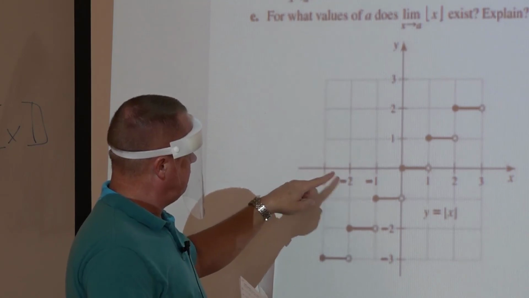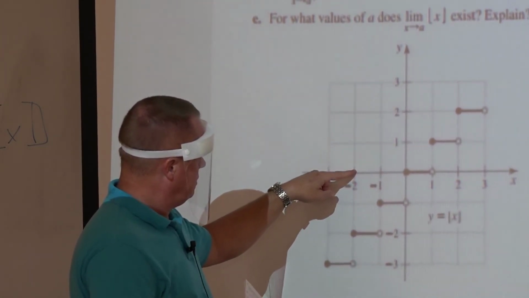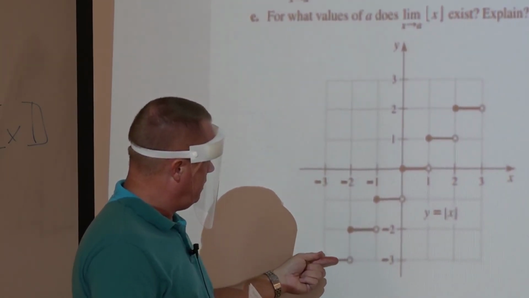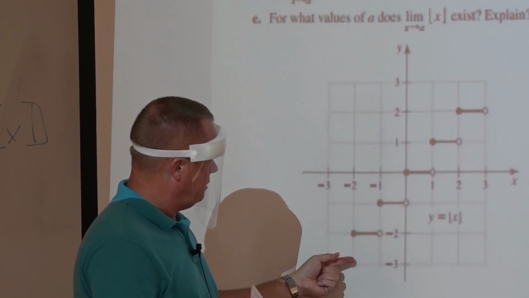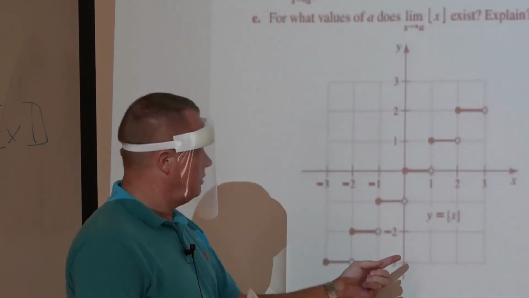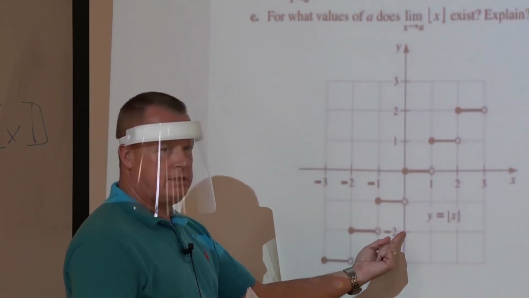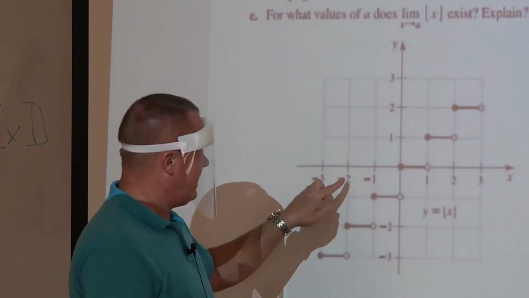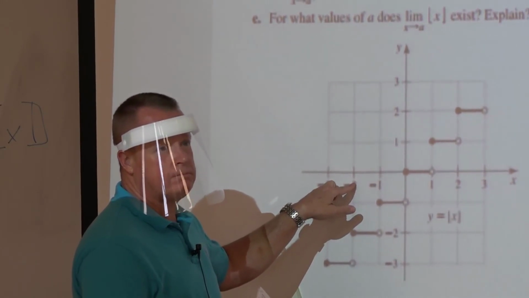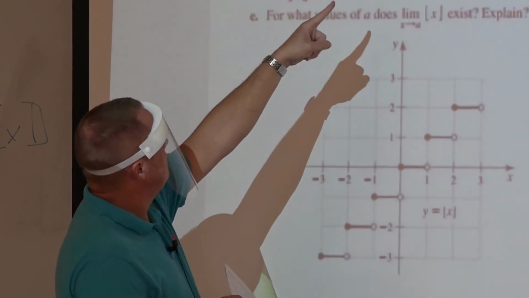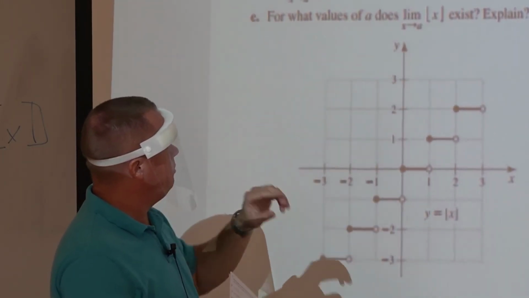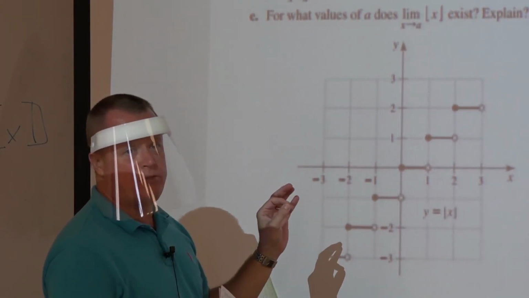Like at -2, it's approaching what from the left? -3. If I approach -1 from the left, what's it approaching? -2. So it's approaching that integer minus 1. So the limit as x approaches a from the left would be a minus 1. That'd be true for any integer.